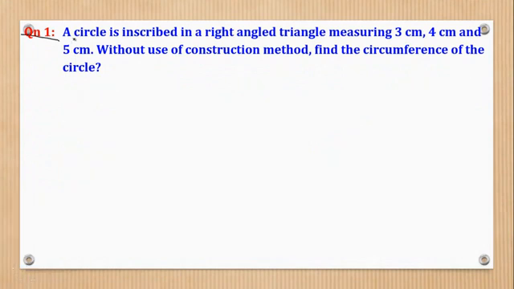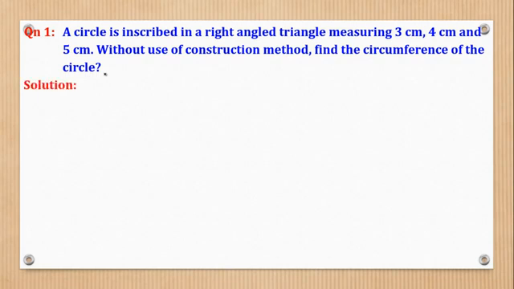Question 1 says, a circle is inscribed in a right angle triangle measuring 3 centimeters, 4 centimeters, and 5 centimeters. Without use of construction method, find the circumference of the circle.